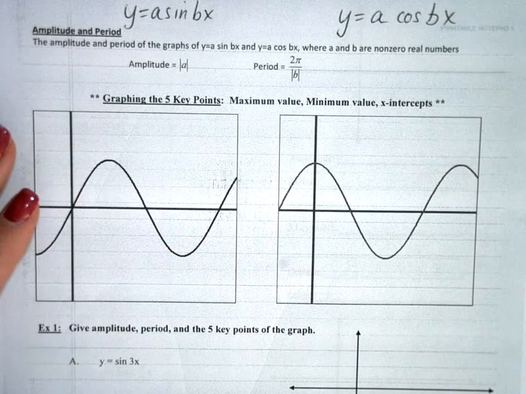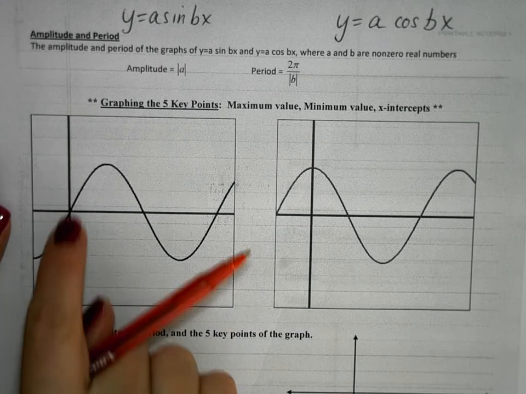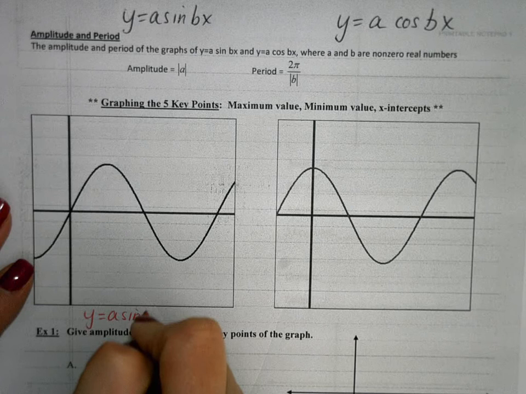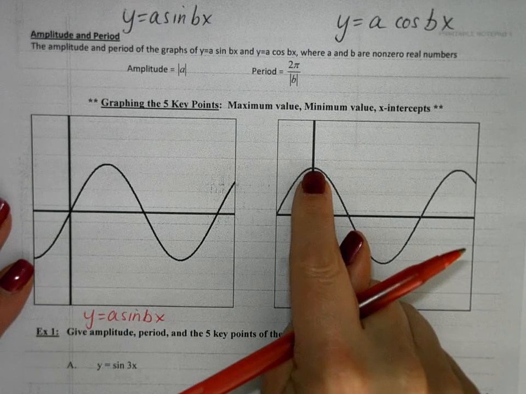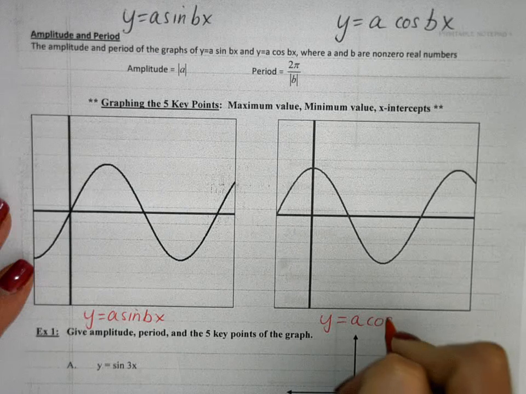So now we should realize that this, because it starts at 0, 0, is y equals a sine of bx. And this, because it starts at the top of the graph, has to be y equals a cosine of bx.